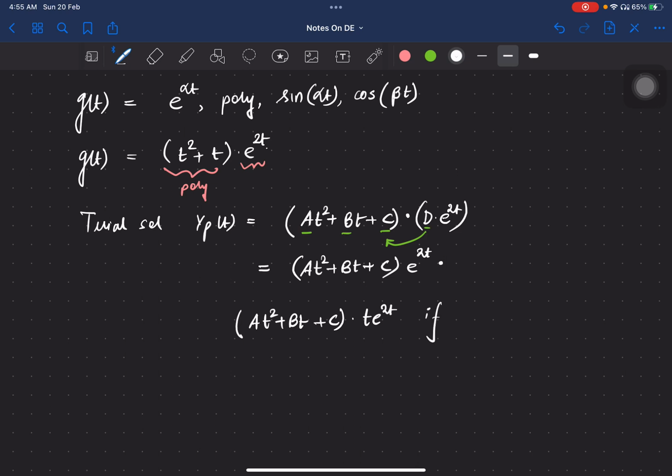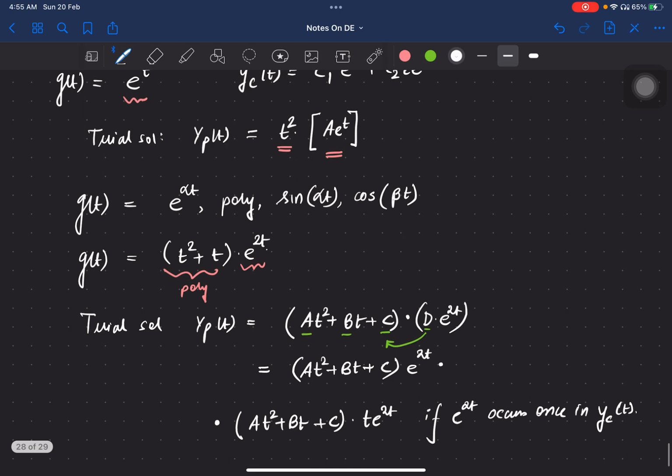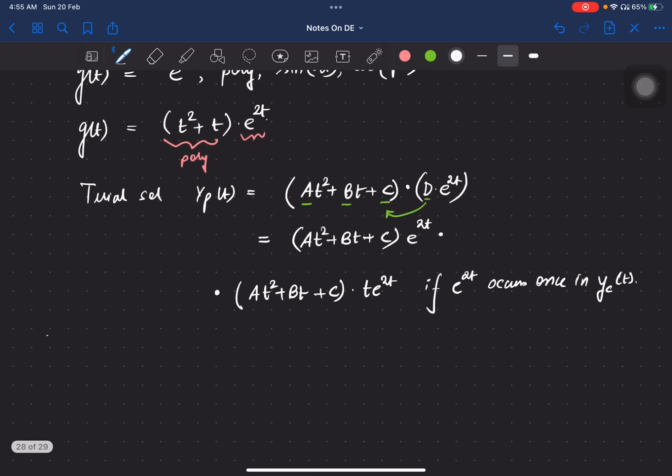So if e power 2t occurs once in the homogeneous solution y c, this is what you do. So these are more or less the topics. So let us go through a concrete example to see what happens.